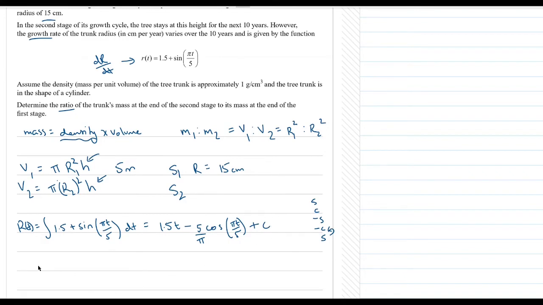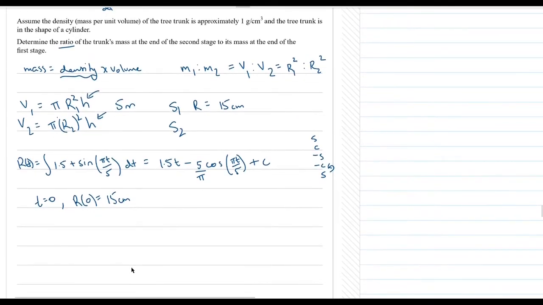Now we also need to find c. And we can do that because we know that at time 0, the radius was 15 centimeters. So let's sub that in. cos 0 is 1.